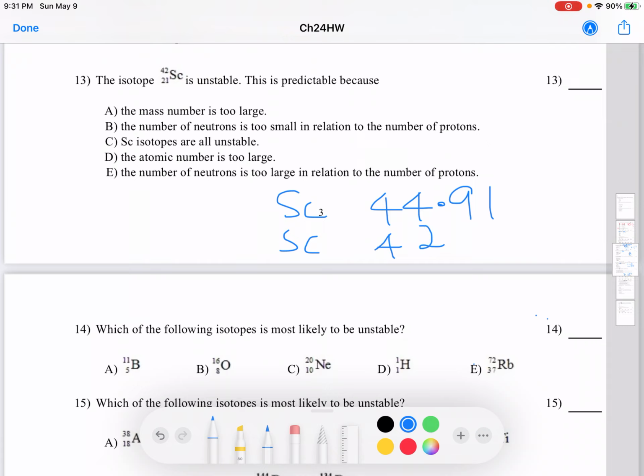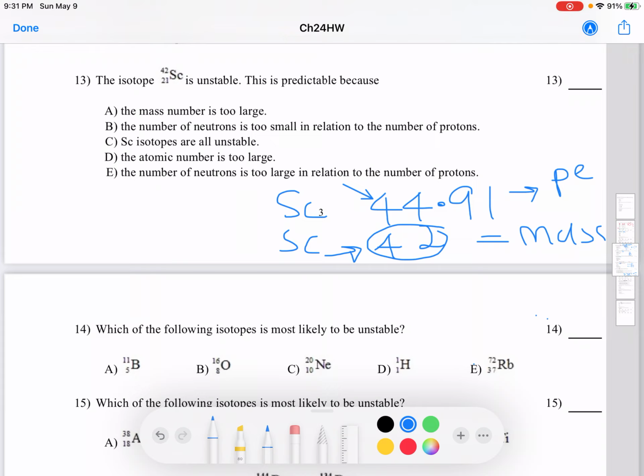So the mass is less compared to the atomic mass from the periodic table, meaning this has fewer neutrons or more protons. The number of neutrons is too small in relation to the number of protons.